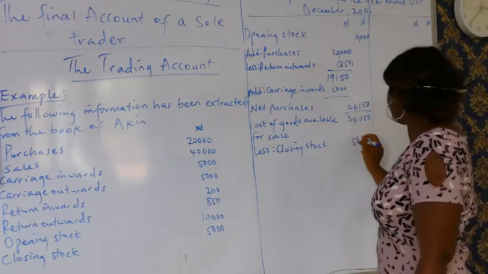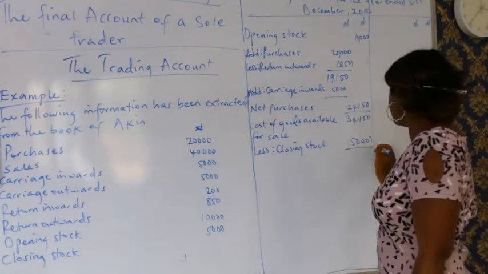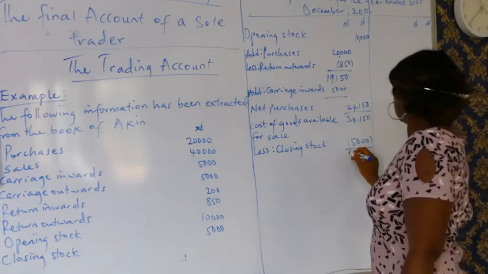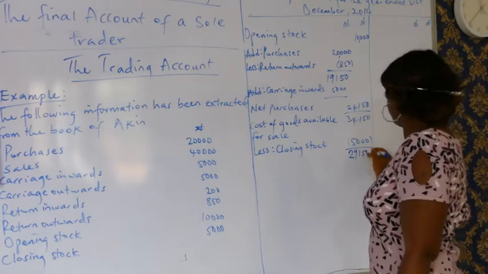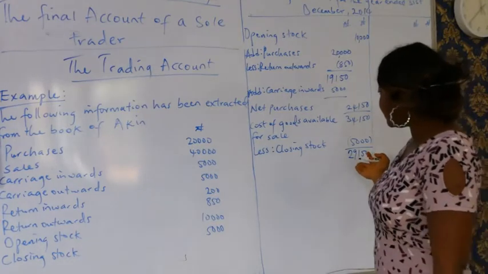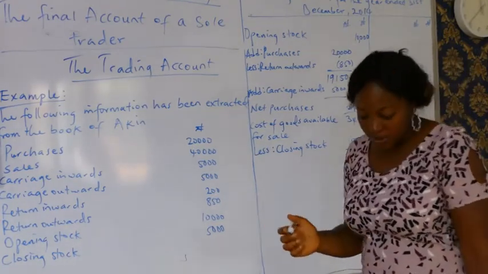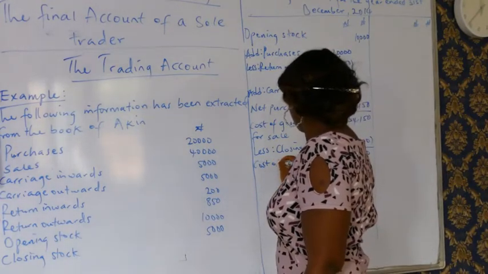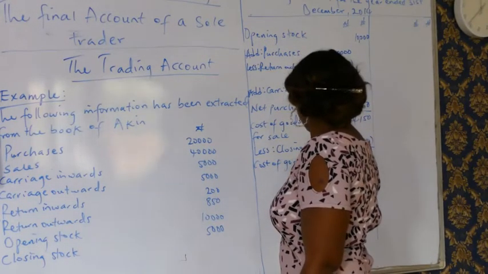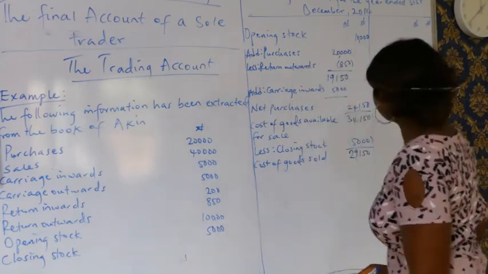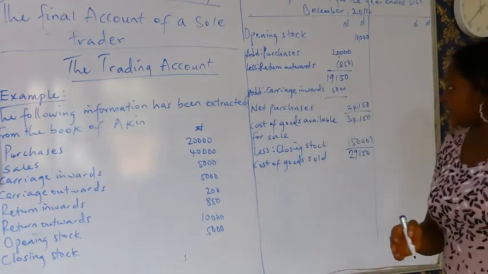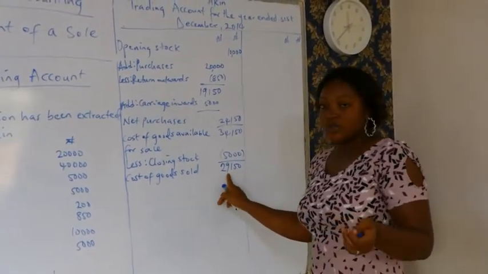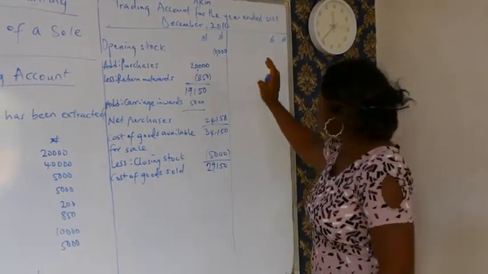Deduct 5,000 naira from 34,150, which will give us 29,150. This figure, 29,150, is called cost of goods sold. Like I said when I was explaining the format, when we get to the cost of goods sold, we stop. Then we go to the credit side.